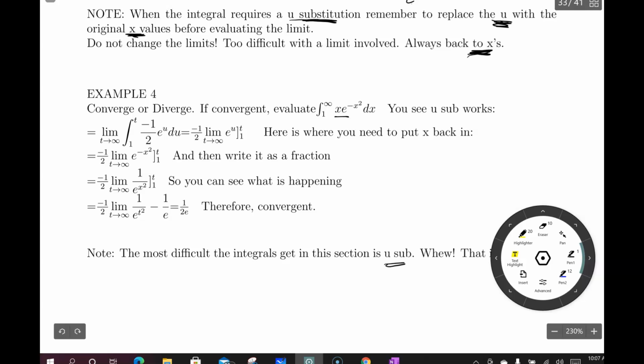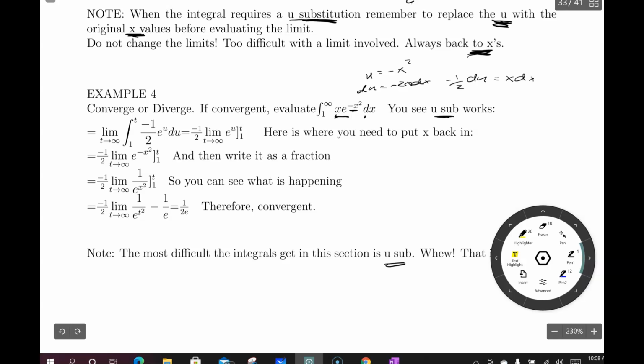So here's my integral. First off, I can see that I need a u substitution. These are a lot of writing, so yes, you can do a couple of steps in one. Here's my u substitution: u equals negative x squared. So negative 1/2 du is x dx.